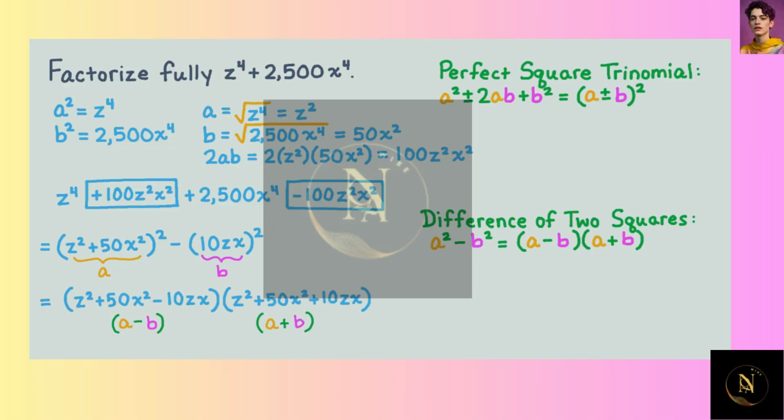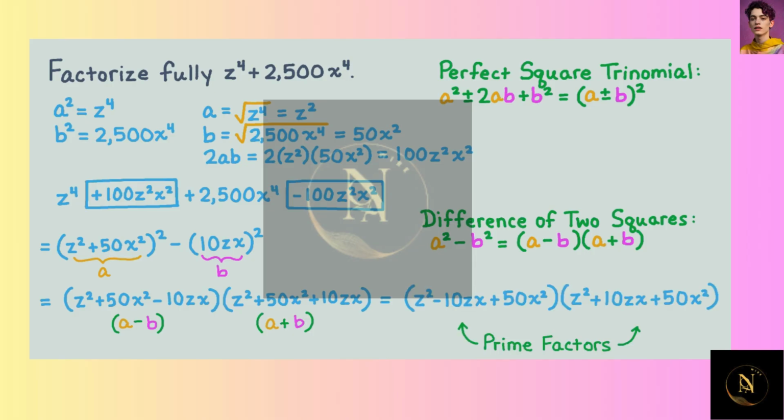Following the formula for factoring a difference of squares, we get z squared plus 50x squared minus 10zx times z squared plus 50x squared plus 10zx.